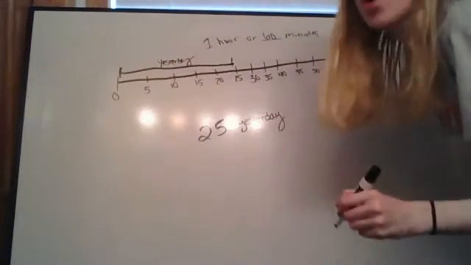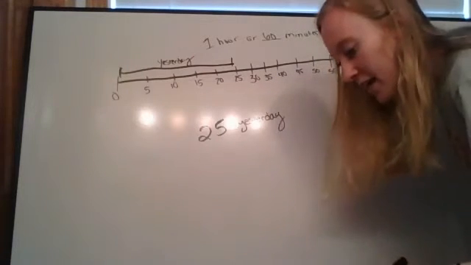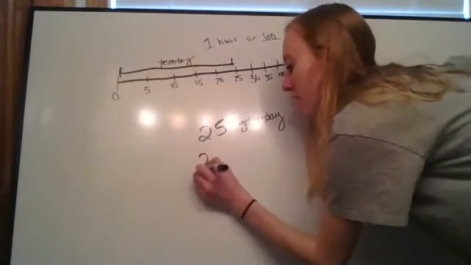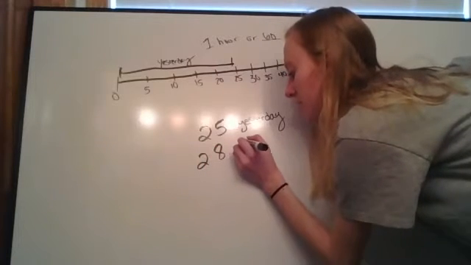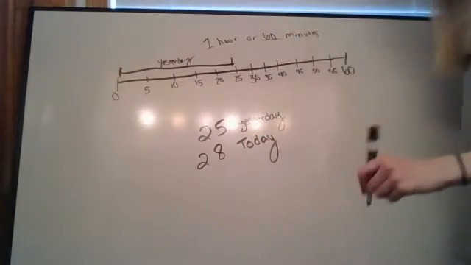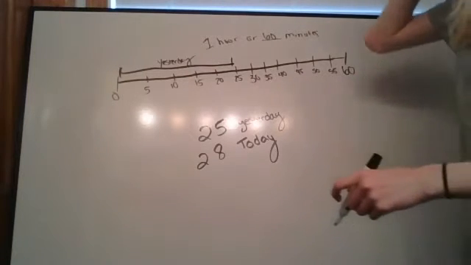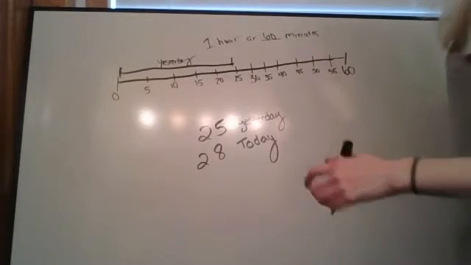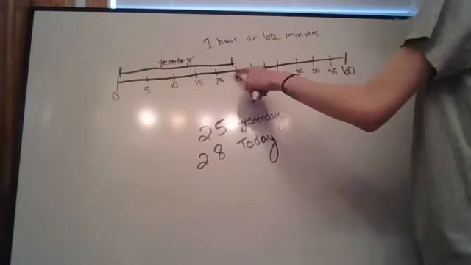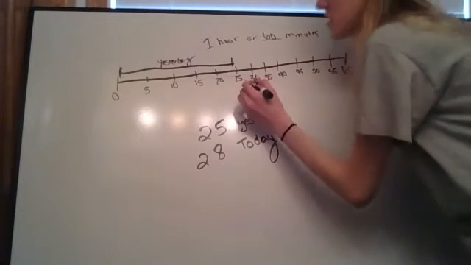And then it says he read 28 minutes today. 28 minutes today. So we need to count 28 extra minutes. So we know that these are 5s. From 25 to 30, that's 5.